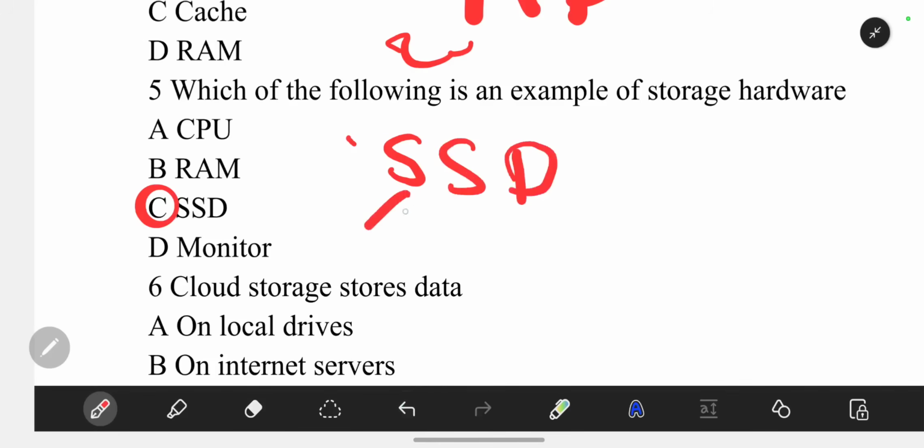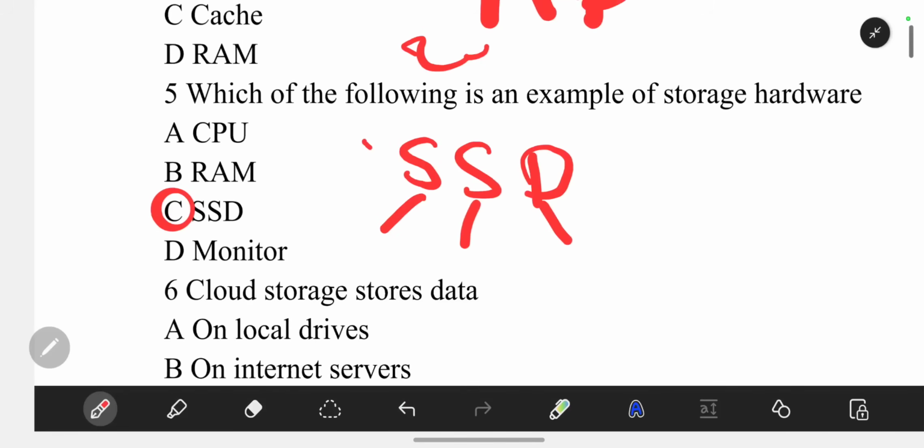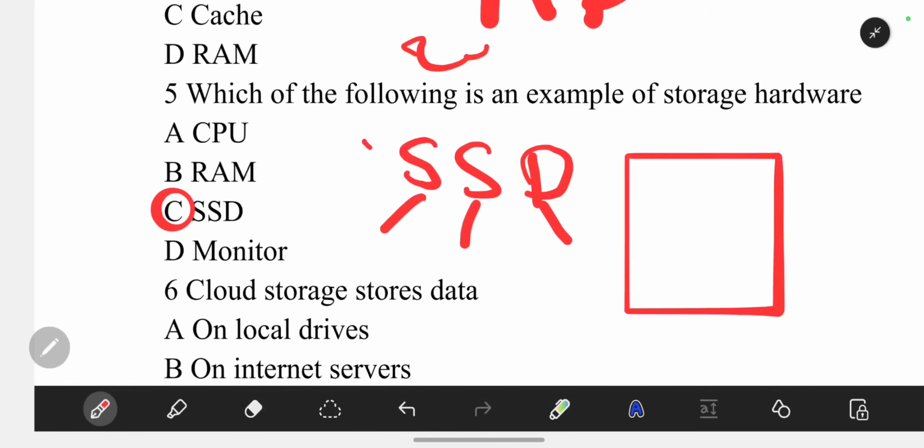This is a type of space that permanently stores data. This could be the device space. It could be 256 GB, 64 GB, 32 GB, you name it. It could be 1 TB sometimes. So that is an example of secondary storage, or rather storage hardware.